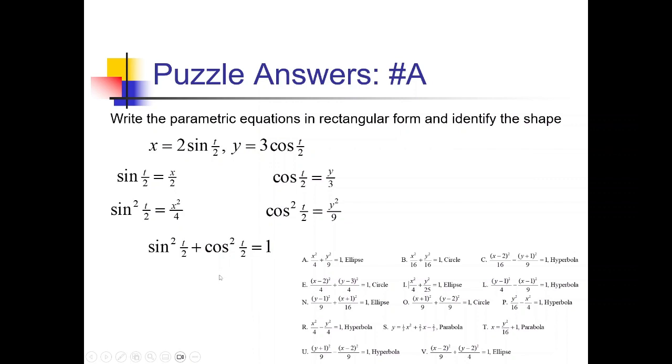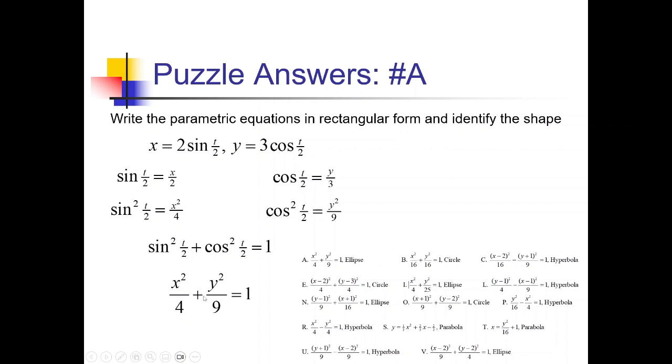If I replace sine squared with x squared over 4 and cosine squared with y squared over 9, I have this equation now. And taking a look at that, this is the rectangular form of the equation they were talking about, expressed in terms of x and y. So taking a look at what shape this might be, I noticed that we have two squared variables, so it's not a parabola.